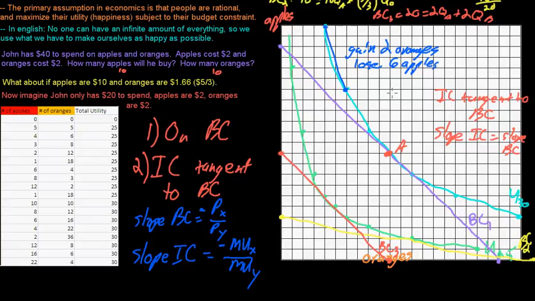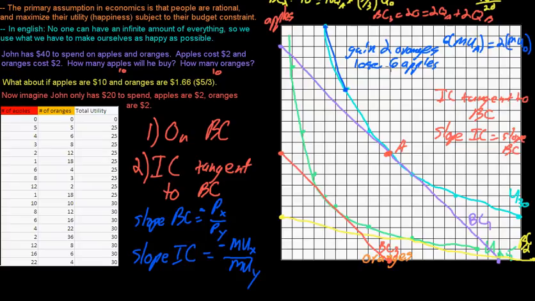So the marginal utility of 2 oranges has to be equal to the marginal utility of 6 apples, because you are just as happy at the end. So we'll do 6 times the marginal utility of apples is equal to 2 times the marginal utility of oranges.